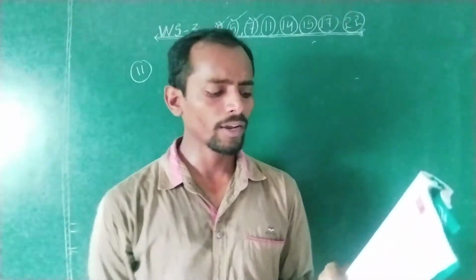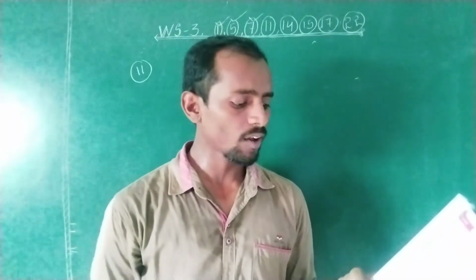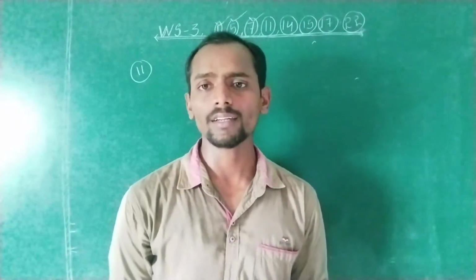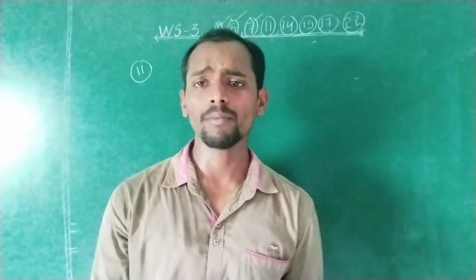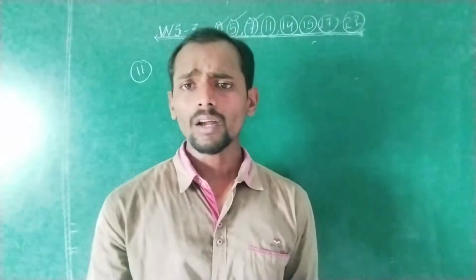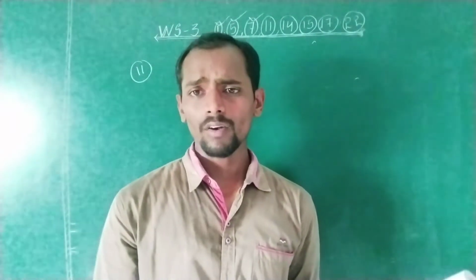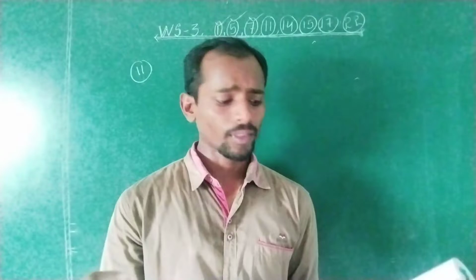What is the number which is in the set of whole numbers, not in the set of natural numbers? You are well known about it: it is 0. So x equal to 0.